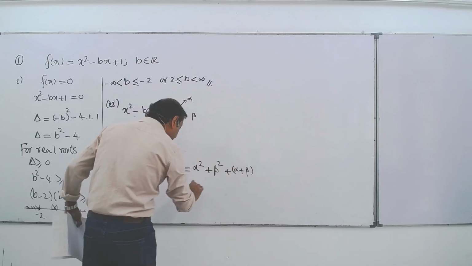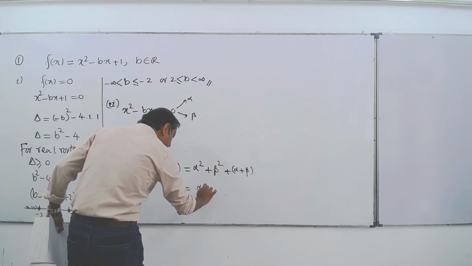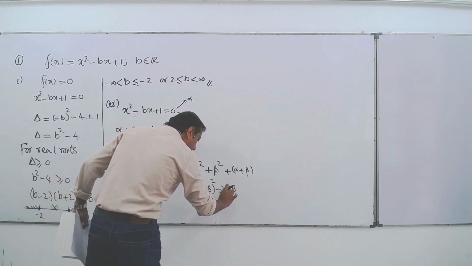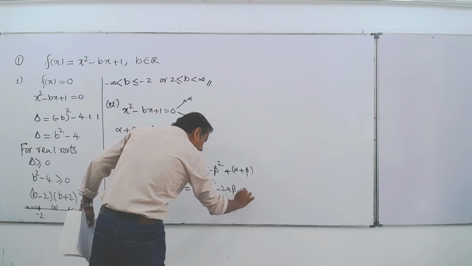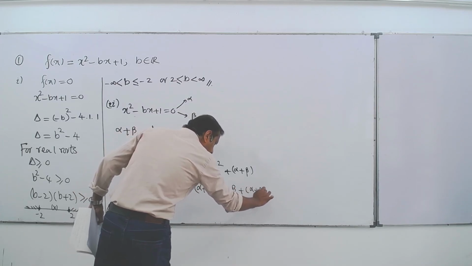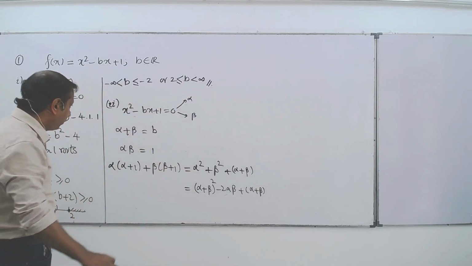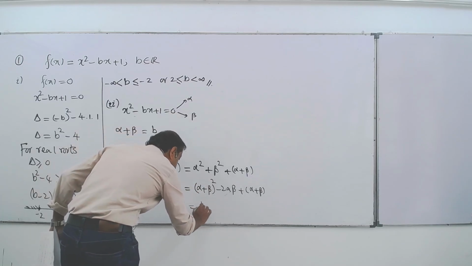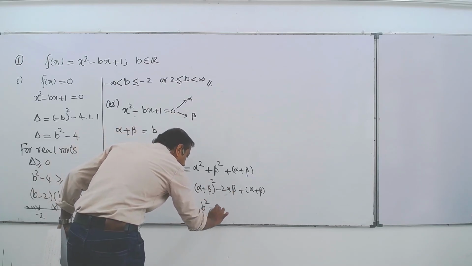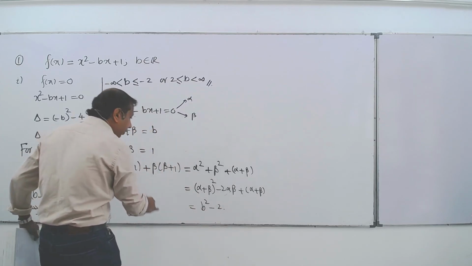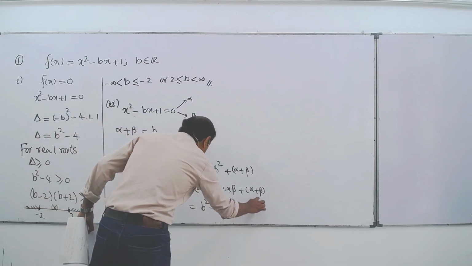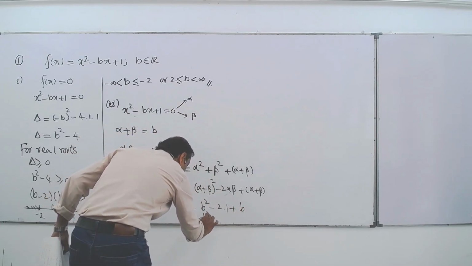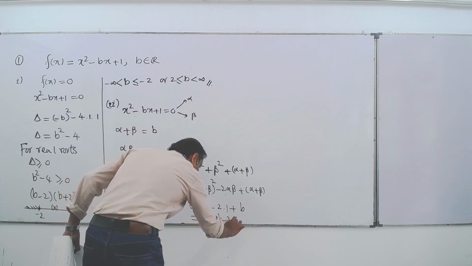This alpha squared plus beta squared we can write as (alpha plus beta) squared minus 2 alpha beta, plus alpha plus beta. For alpha plus beta we can put b, so b squared, minus 2 times alpha beta, which is 1, plus alpha plus beta, which is b. Then here we get b squared plus b minus 2.